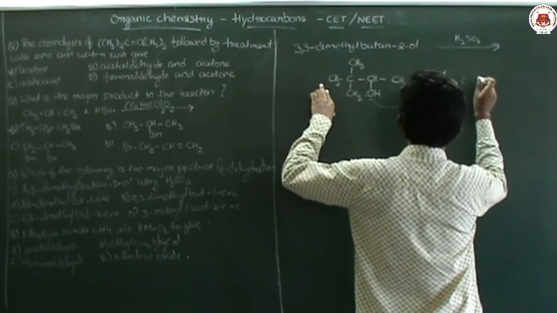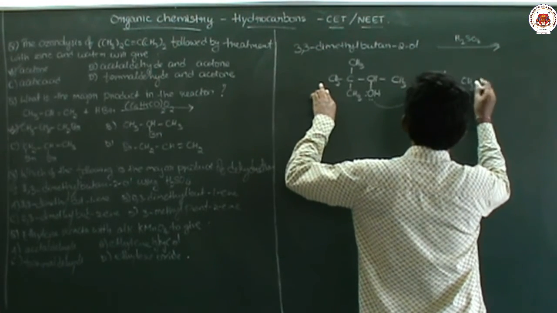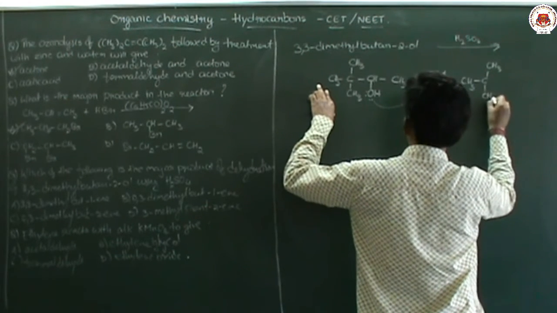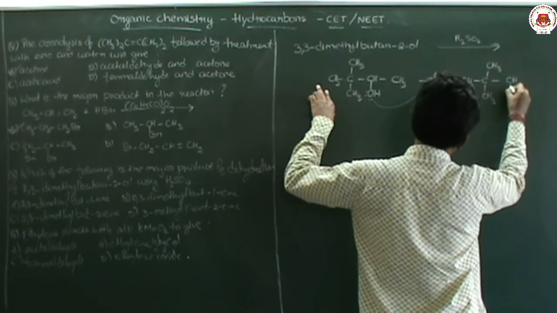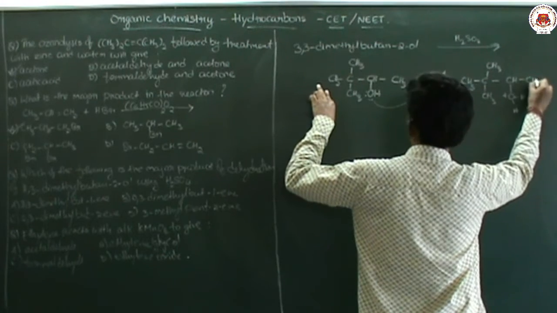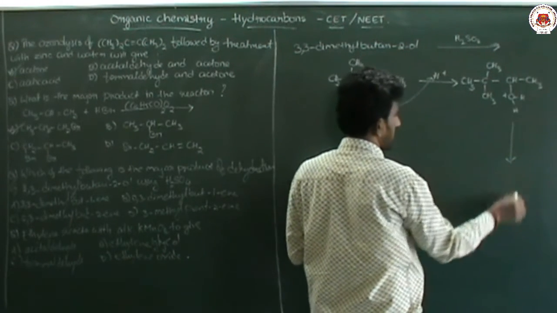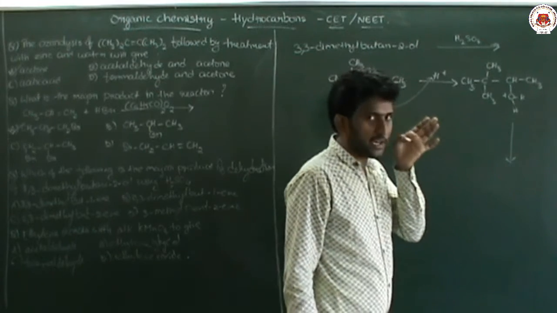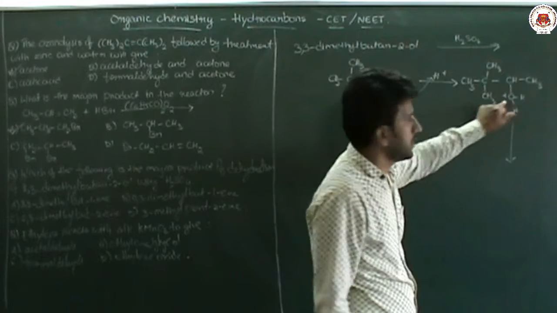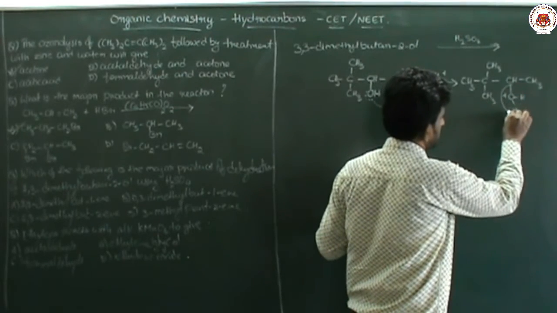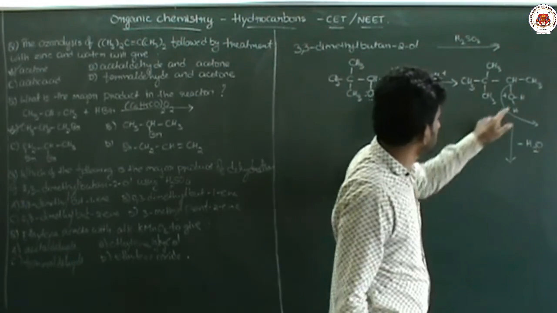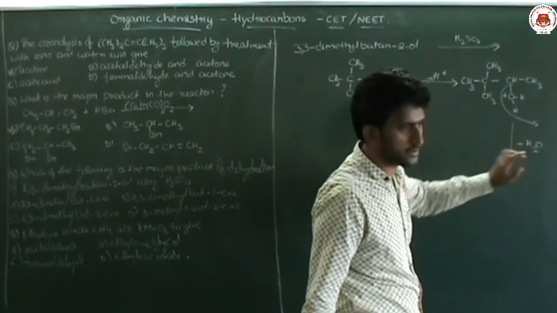So you get CH3, C(CH3)2, CH, O plus with H atoms. Now anywhere in organic chemistry, if you find this type of oxonium, it is eliminated as water. I am writing minus H2O. These electrons are given to the oxygen, and it is removed as water.